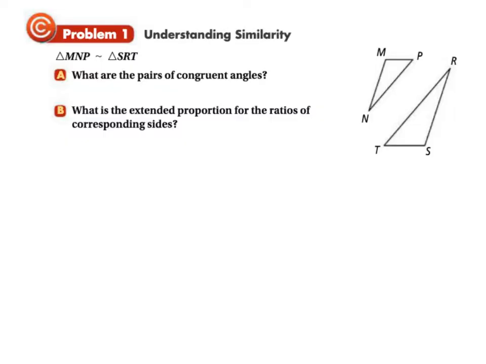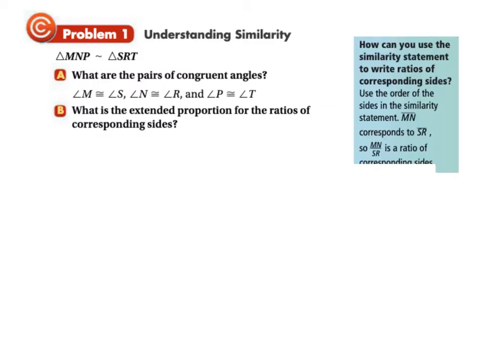So then, if this is the similarity statement, triangle MNP is similar to triangle SRT, MNP, SRT. What are the pairs of congruent angles? Well, you can use the similarity statement, and in fact, that's what this says, right? You can use the similarity statement to write those ratios, okay?